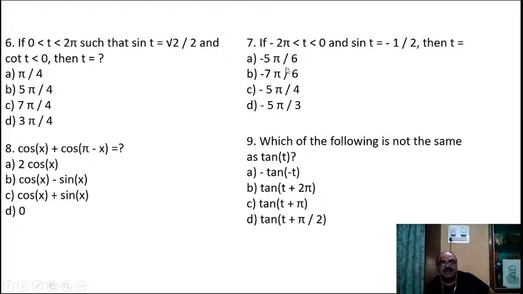Minus 5 pi by 6 is the value of t. Those who have got it, clap for yourself. Those who are not able to get it, please work on it, because the indication here is sin t is minus half. It's not plus half. Be careful.